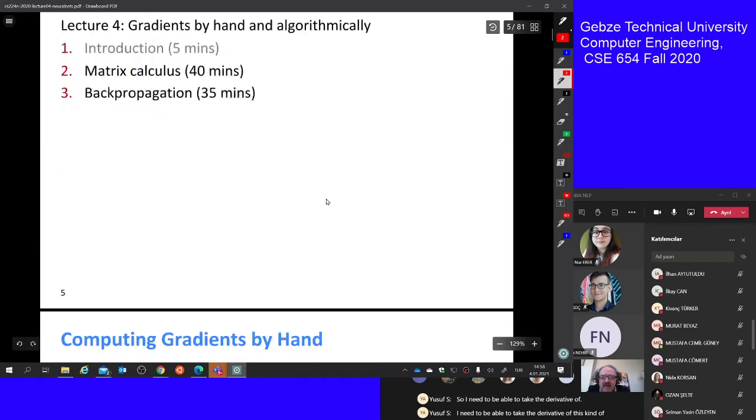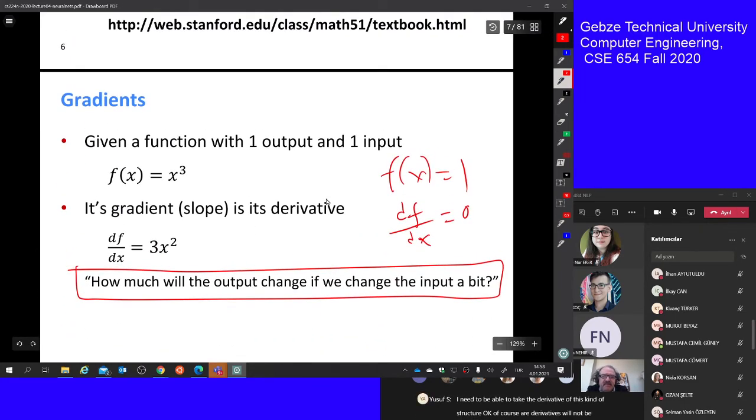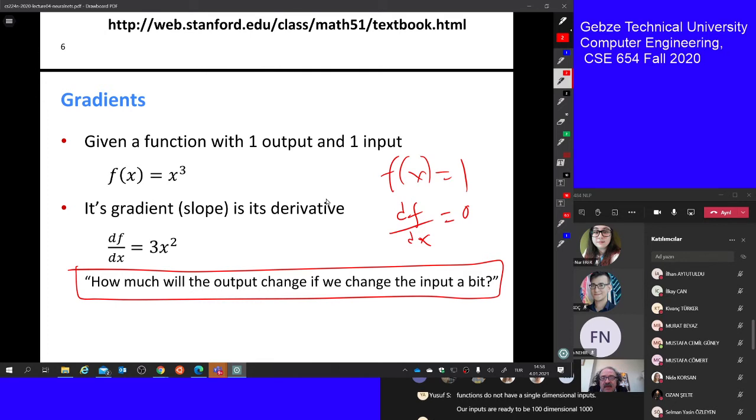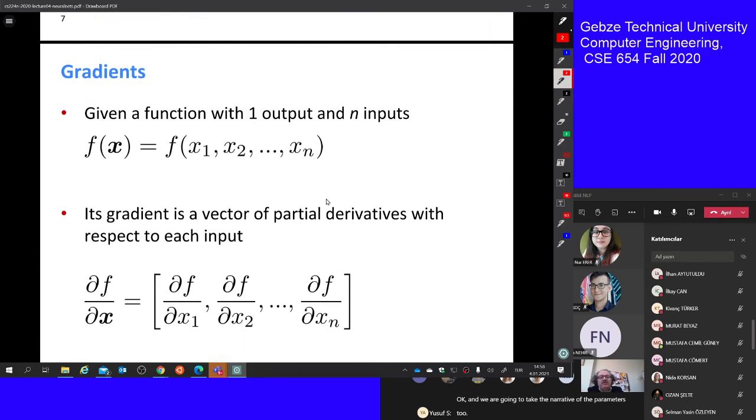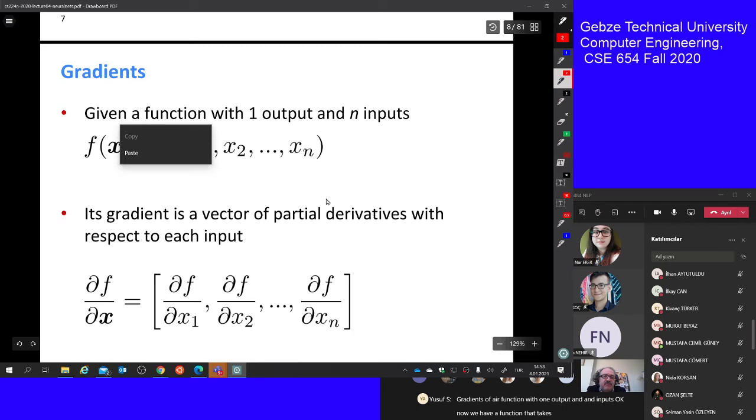Of course, our derivatives will not be as simple as taking the derivative of a simple polynomial, because our functions do not have single-dimensional inputs. Our inputs are going to be 100-dimensional, 1000-dimensional. And other than the input, we are very dependent on the parameters, and we are going to take the derivative with respect to the parameters too. Gradients of a function with one output and n inputs: now we have a function that takes a vector as an input, like this.